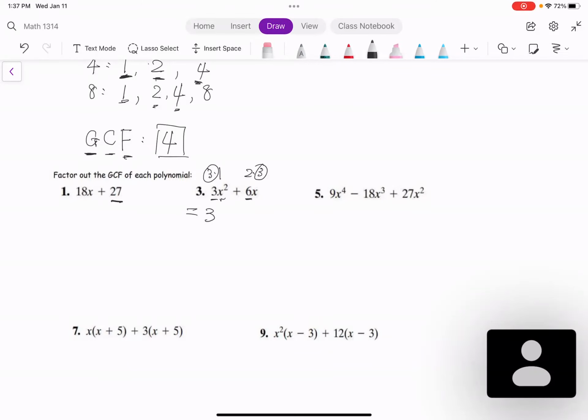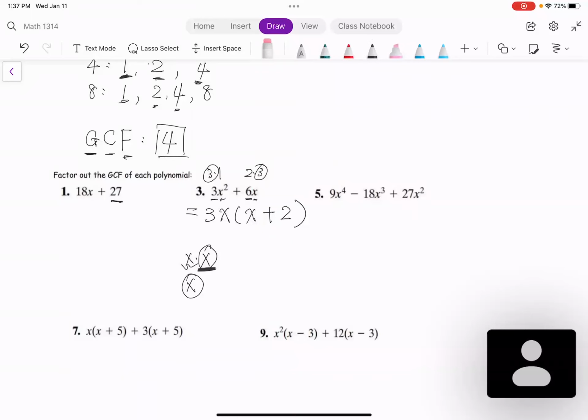I know that x squared is x times x, and x is x. So the GCF from x squared and x is x. I can factor out the x. So we have x left, x plus 2.